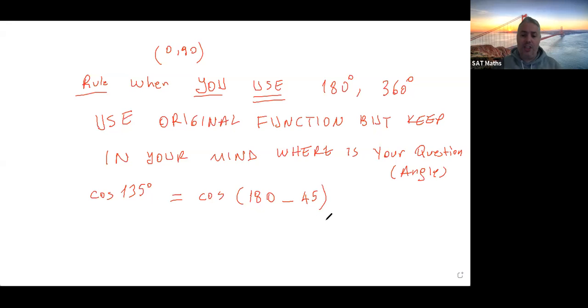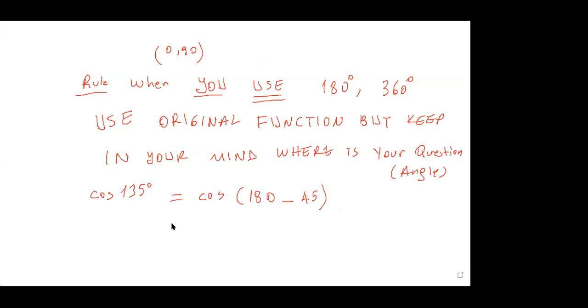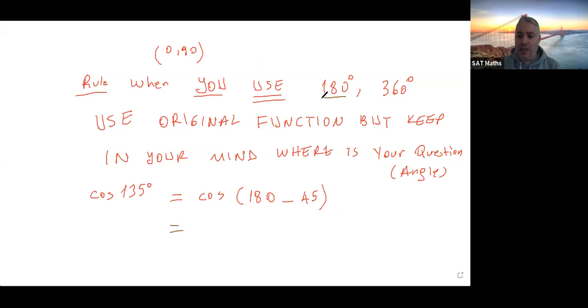Is this correct? Check it. Yes. And then since I use 180 or 360, I am using the original function, which is cosine is still cosine, okay? And forget about this right now.